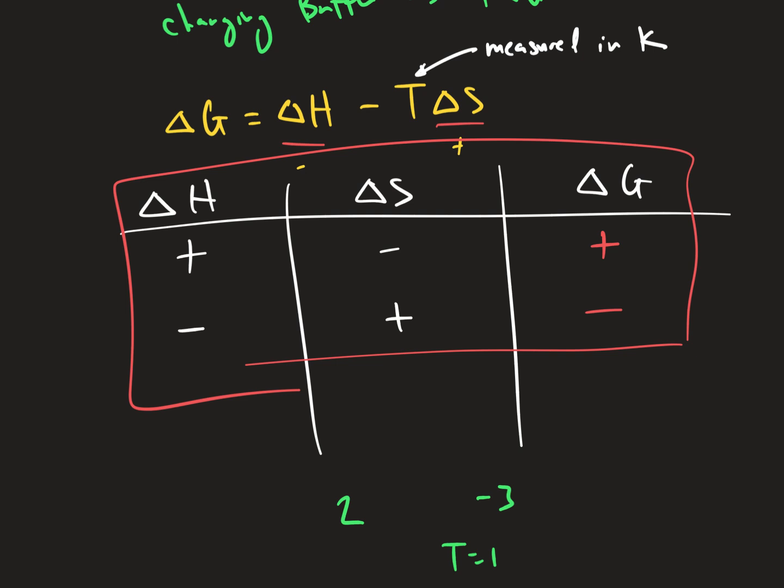If delta H and delta S are opposites, then delta G is the same as delta H. You can remember it that way, or you can use this equation to guide your thinking. If you're good with algebra and math, then that might be the easiest method. If you hate it, well, you might want to stick with this one. And I could teach you more on that.